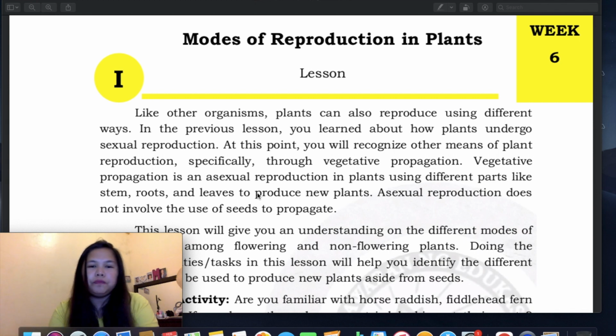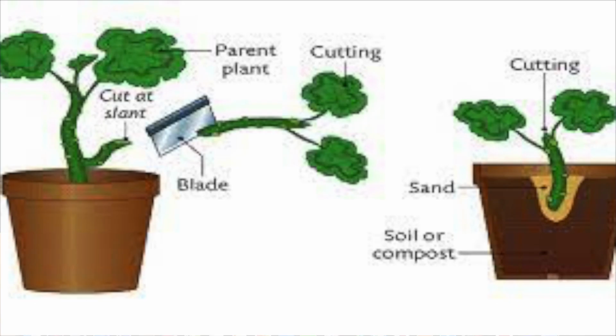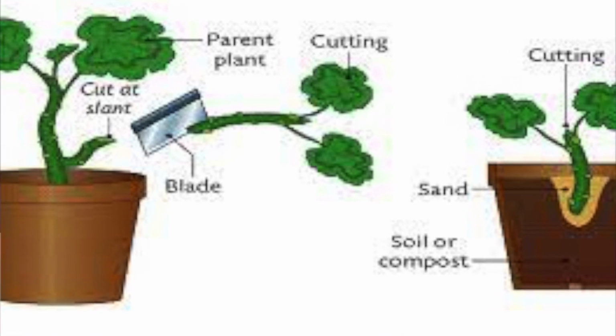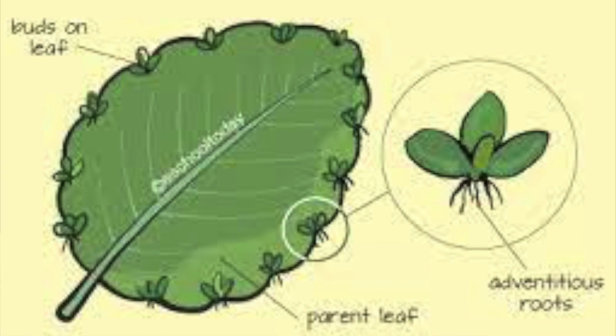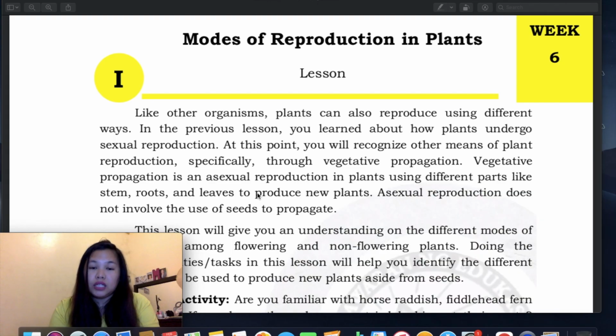Mostly naman talaga yun is buto. Kaya meron tayong mabibili na mga seeds. Meron naman yung mga plants na kinukuha natin sa stem, tapos yung iba naman ay dahil sa dahon. So, most of them talaga is sa seeds and sa flowers.